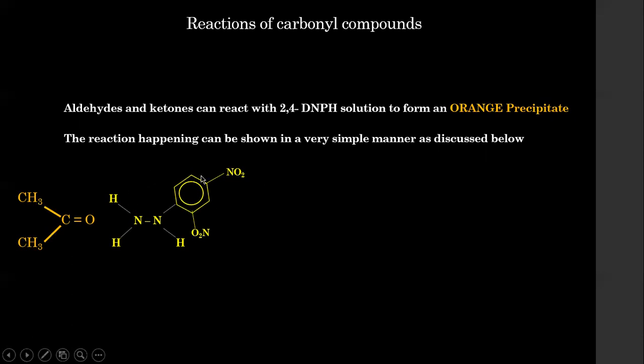2,4-DNPH, see what happens. The oxygen atom in the carbonyl functional group and the 2 hydrogen atoms attached this nitrogen N, they join together. If they join together, 2 hydrogen and 1 oxygen, water molecule will be produced.